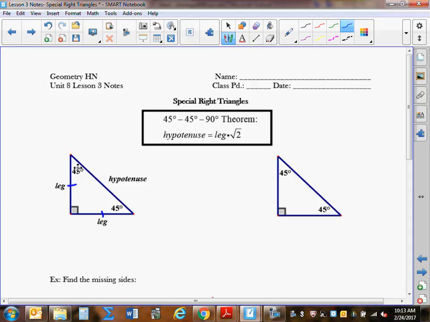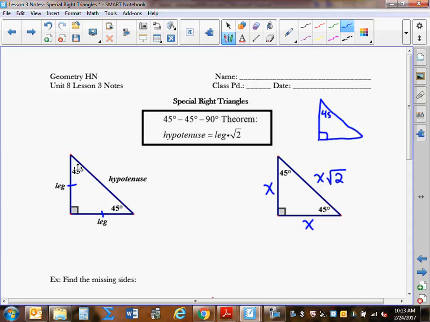So if you know your leg, you just multiply that by square root of 2, and that's your hypotenuse. In general, if we call the leg the variable x, then our hypotenuse is x root 2.